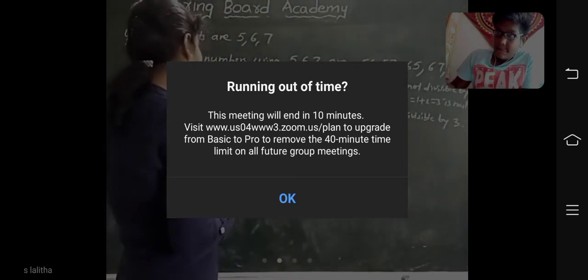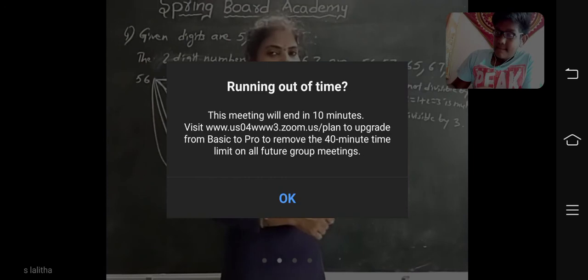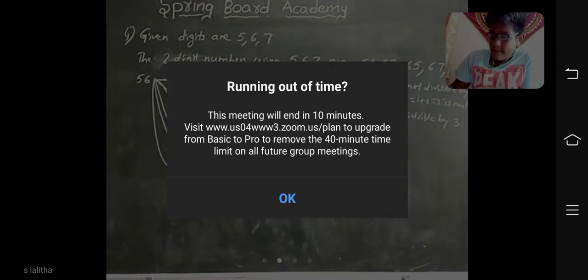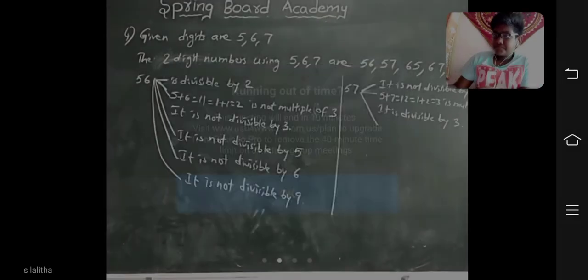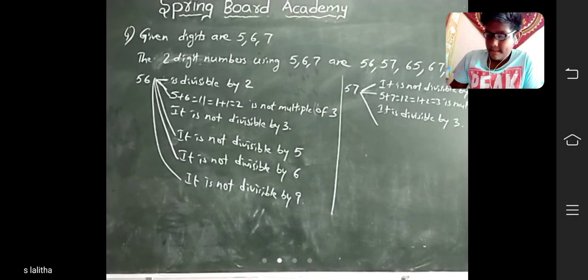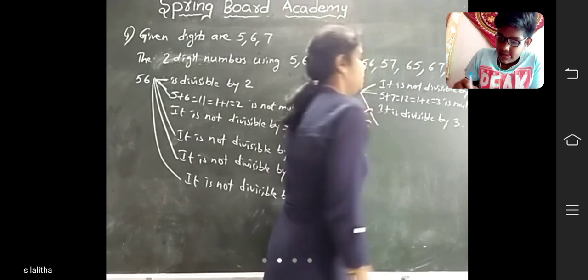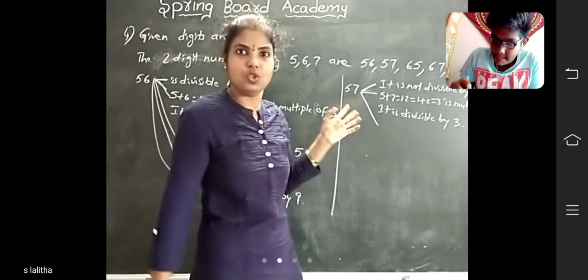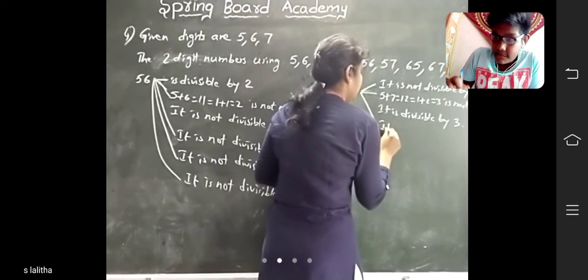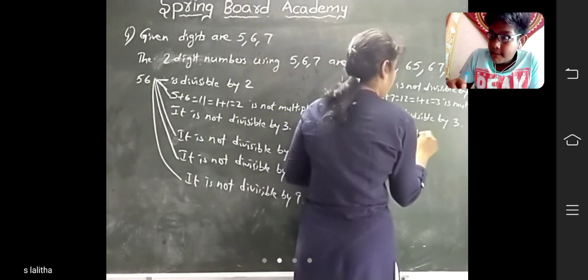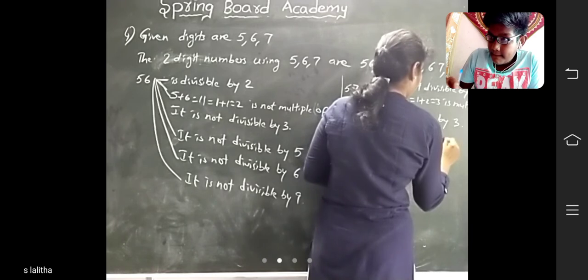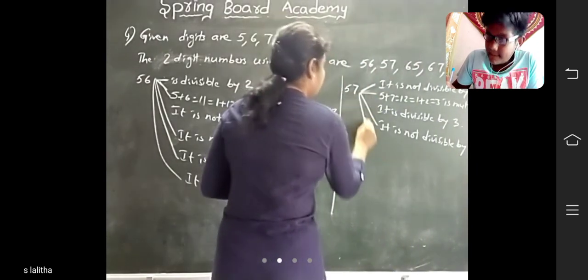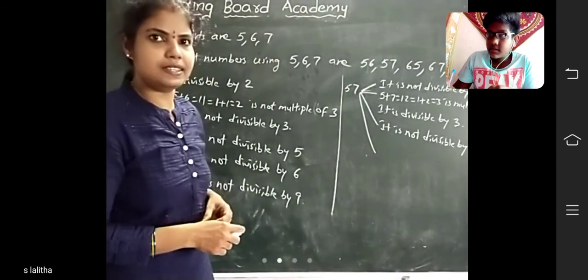Next, is it divisible by 5? In the ones place it is 7. So it is not divisible by 5. And next, is it divisible by 6?